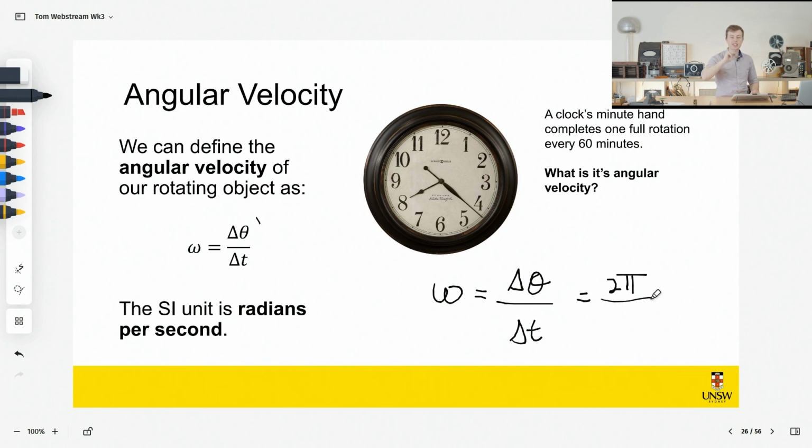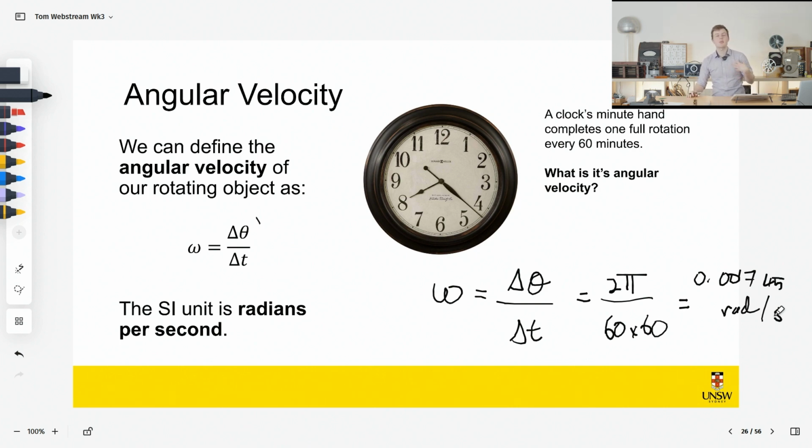And it was over 60 minutes. So that's 60 times 60, because we want seconds, right? And so we get here 2 times pi divided by 60 times 60. Wow, not much. 0.001745 radians per second.